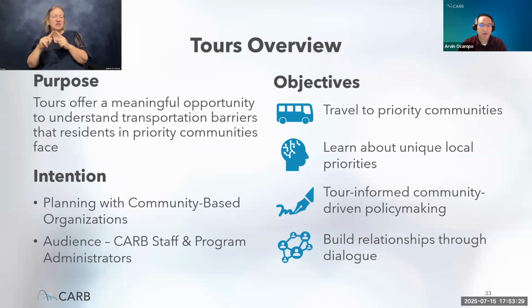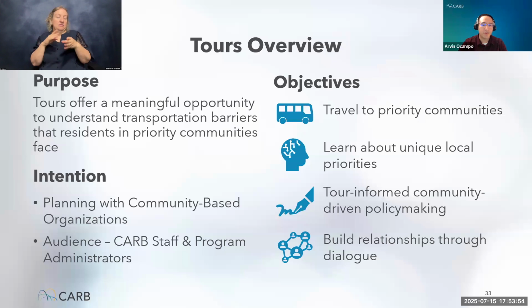Community-based organizations serving priority populations plan these tours with CARB by hosting on-site visits to share local transportation conditions and lived experiences directly with staff. The tours are intended for CARB staff and program administrators who oversee our suite of clean transportation, individual incentive projects, and community mobility incentive projects.